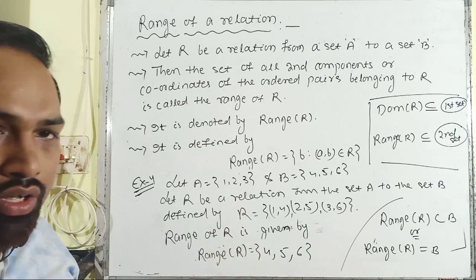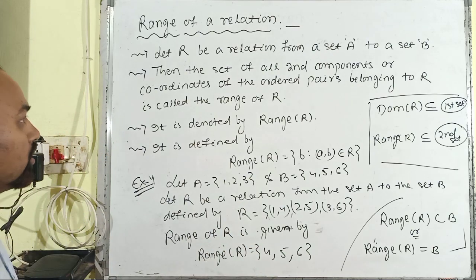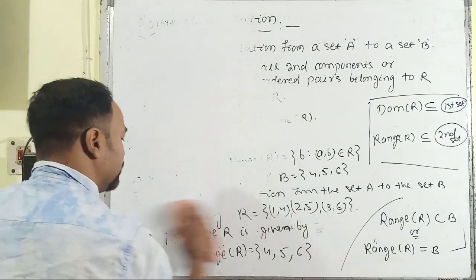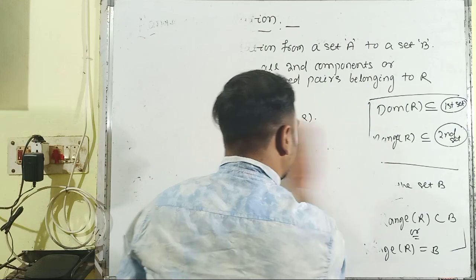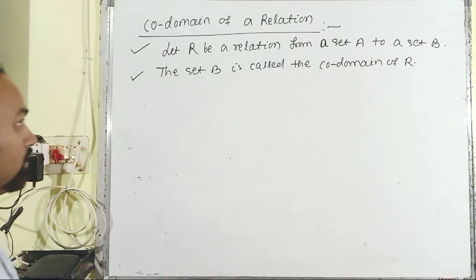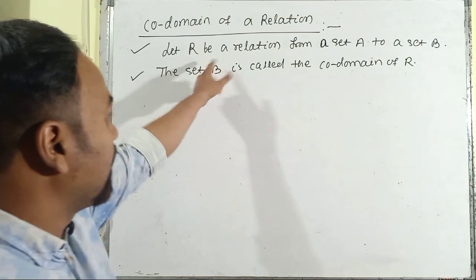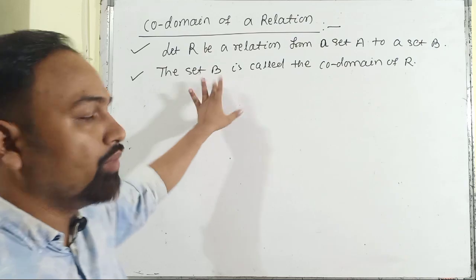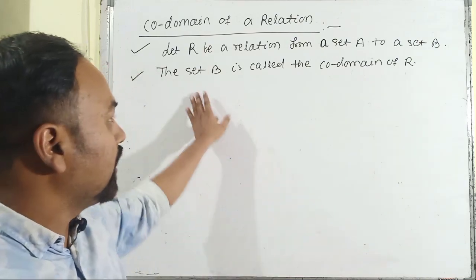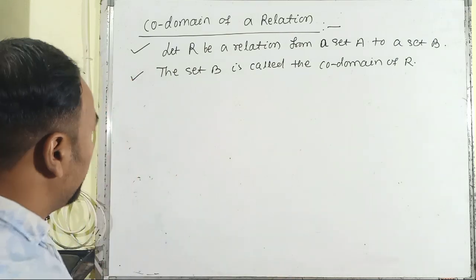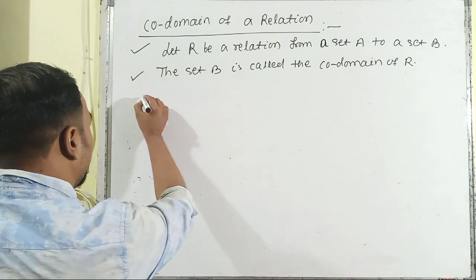Moving towards the codomain of a relation, the definition is this: let R be a relation from a given set A to a given set B. The set B, that means the second set, is called the codomain of R. It is very simple on the basis of the previous two.